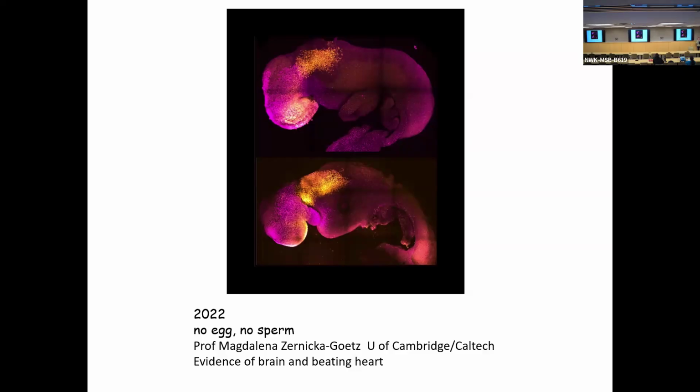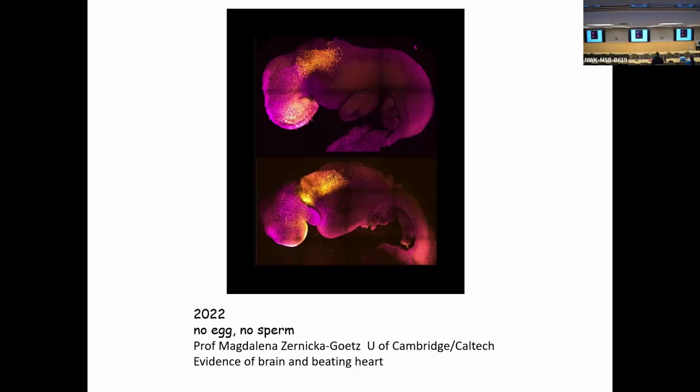Point one, we need trophectoderm for early stages, something that people may ignore. We have ignored the extraembryonic tissues or layers for quite a while. Now we know that if we want to make a synthetic embryo, we have to insert the trophectoderm. That's very important.